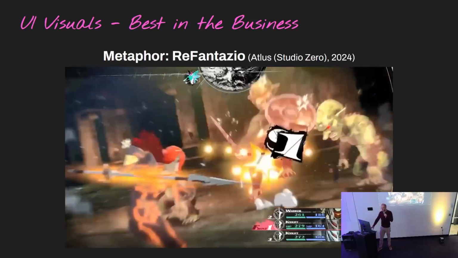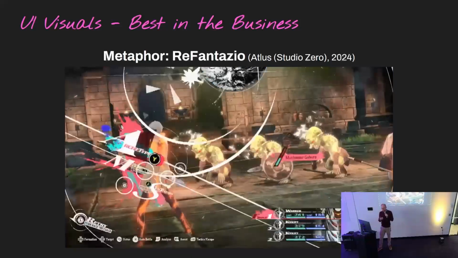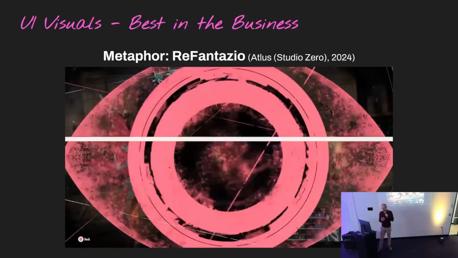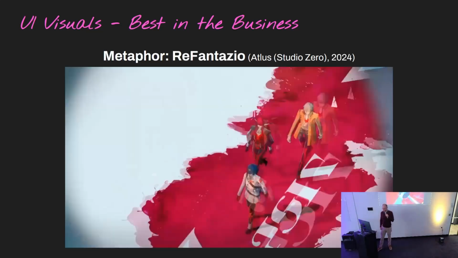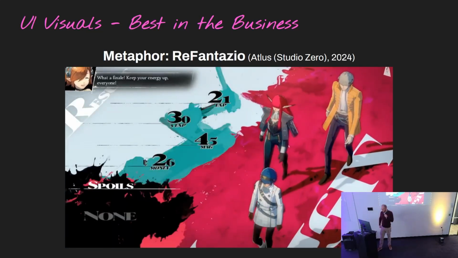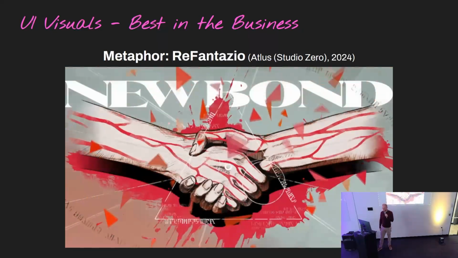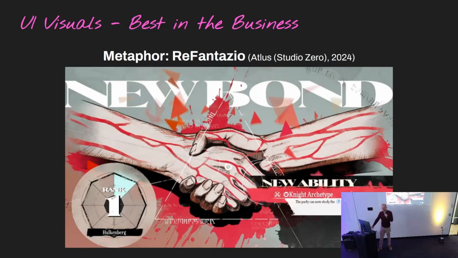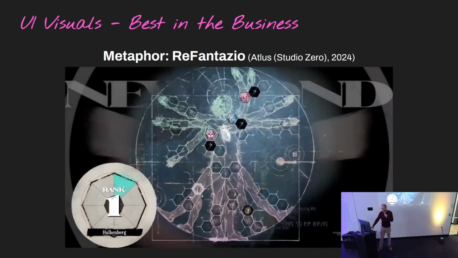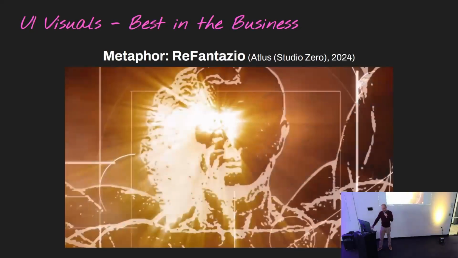But you can see that it's so varied. There's so much stuff going on, so many animations, but it's also all very cohesive, I think. And how are they doing that? With a visual motif. A motif is a repeated visual theme that's brought through the whole language of the game and the interface, but especially the interface.